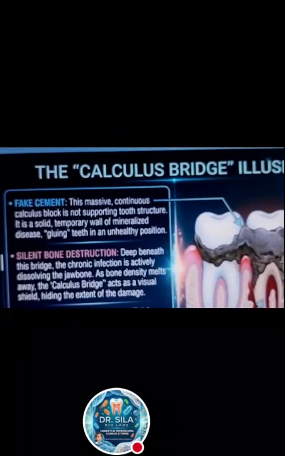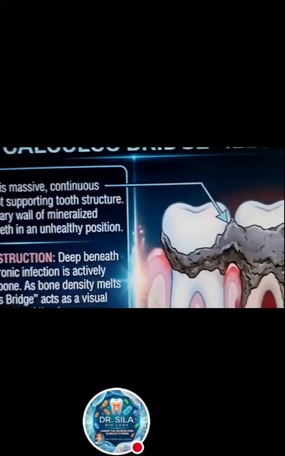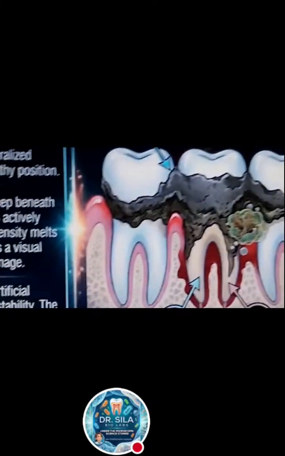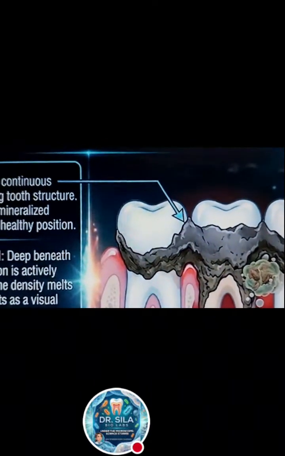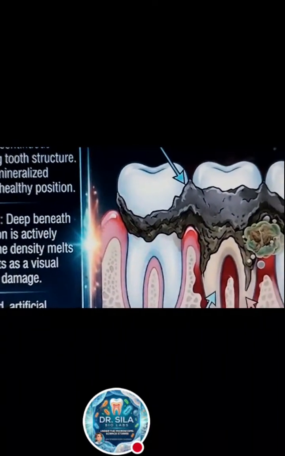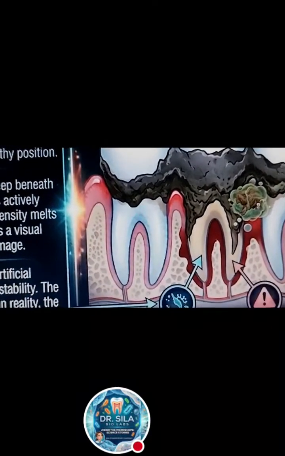The bridge erosion. This is a massive continuous calculus block, now supporting the tooth structure, of course. A solid temporary wall of mineralized growth holding teeth in an unhealthy position. Silent bone destruction deep beneath the bridge: a chronic infection is actively dissolving your jawbone.